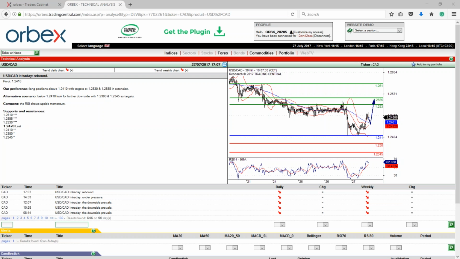Okay, if you have your own way of entering the market, how can these signals and this analysis be of any use to you? Well, essentially, what you would look to do is pull up the reports each day. So take a look at these intraday updates and take a look at the directional bias given by Trading Central. And then you simply look to align your entries with their directional view. So for example, this update is telling you that Trading Central remain long above 124.10, and they give you their targets.